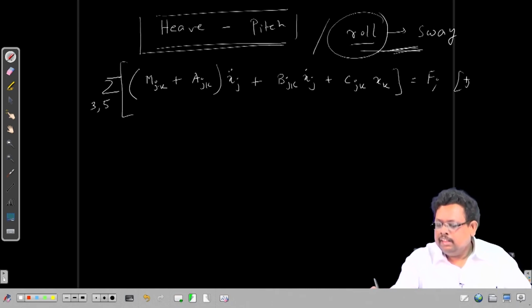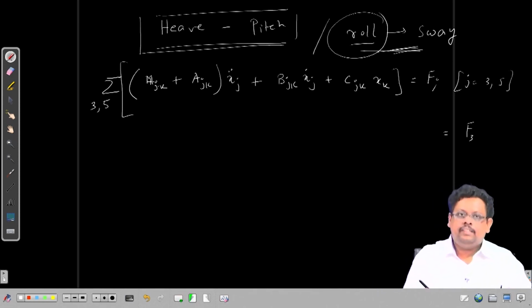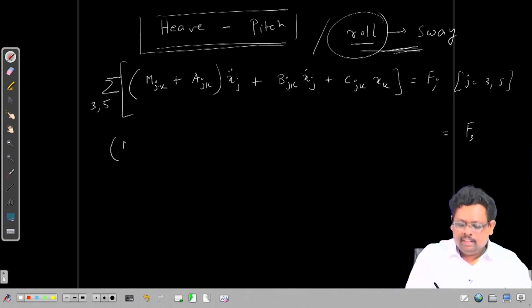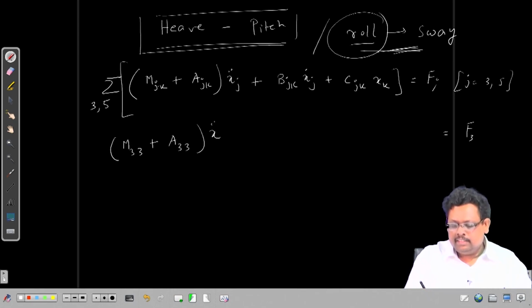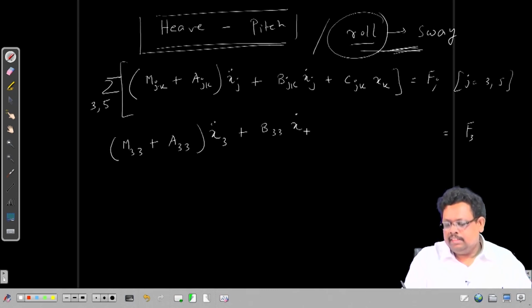Now, here j is also 3 and 5. Now, let us take j equal to 3. So, the right hand side throughout is f 3. Now, let us write the left hand side. It should be m 33, which is basically the mass of the body, plus a 33 into x double dot 3 plus b 33 into x dot 3 plus c 33 into x 3.